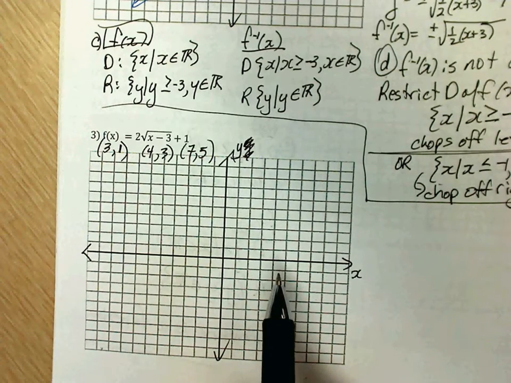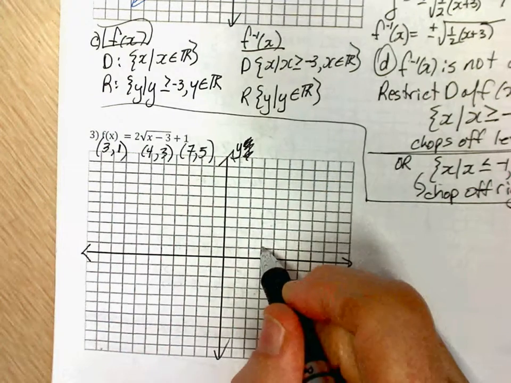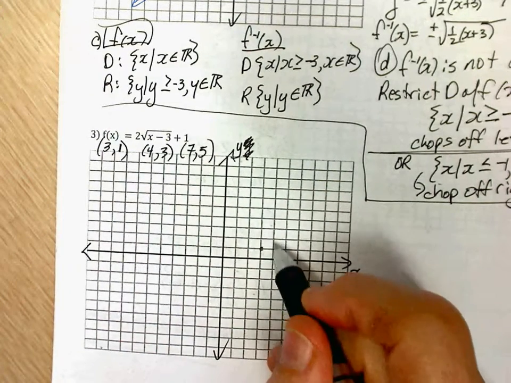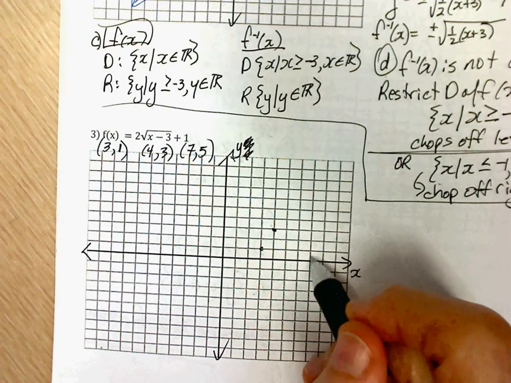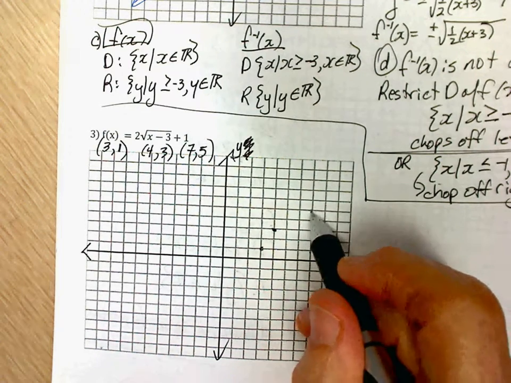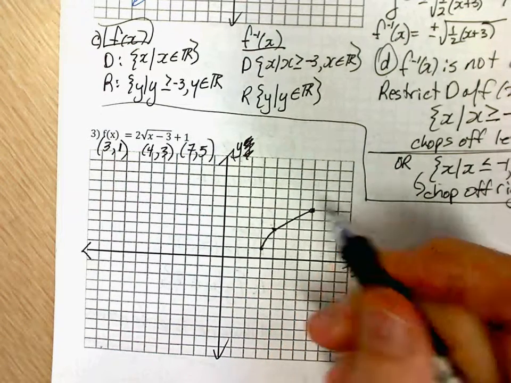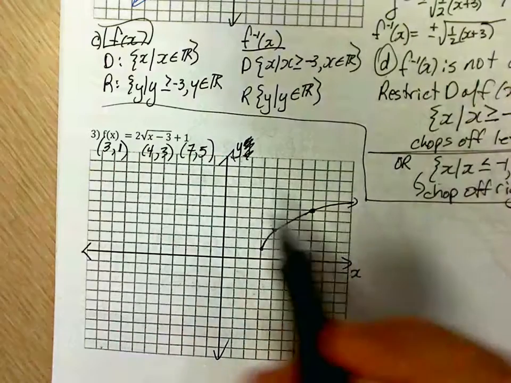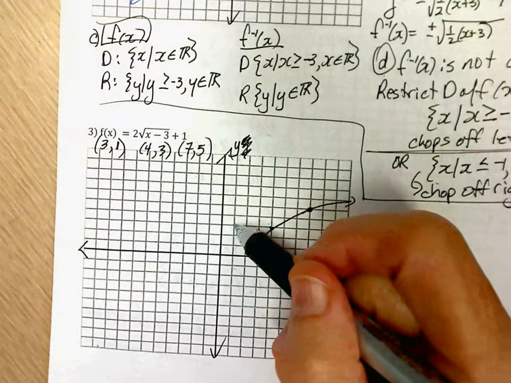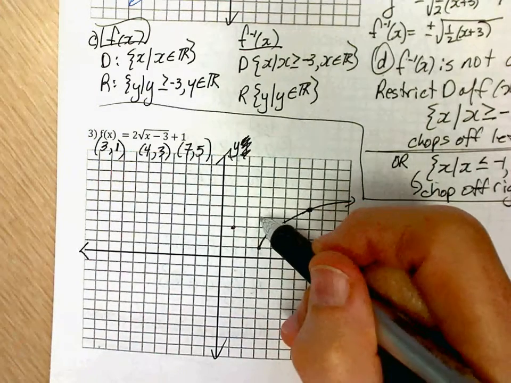Okay, the points are (3, 1), (4, 3), (7, 5). So the inverse points are (1, 3), (3, 4), (5, 7).